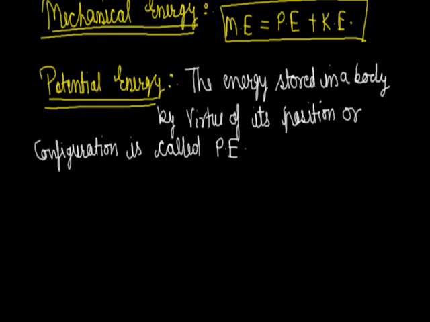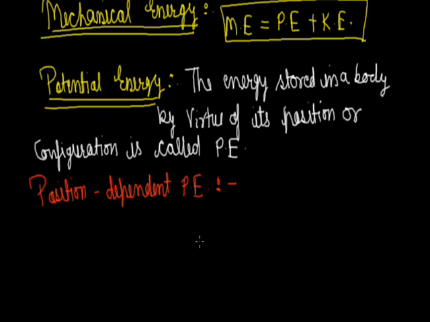Now, the position dependent potential energy. Consider a brick lying on the ground near a building. As such, this brick seems to have no energy. If we carry this brick to the top of the building, we do some amount of work against the gravitational force. In other words, we spend some amount of energy. This energy spent by us is stored in the brick in the form of potential energy.